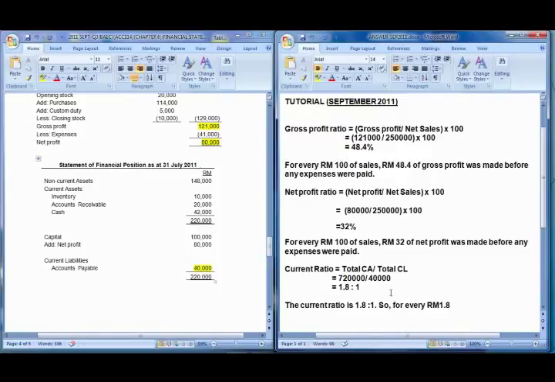Can you repeat the conclusion for the current ratio? Okay. The current ratio is 1.8 to 1.